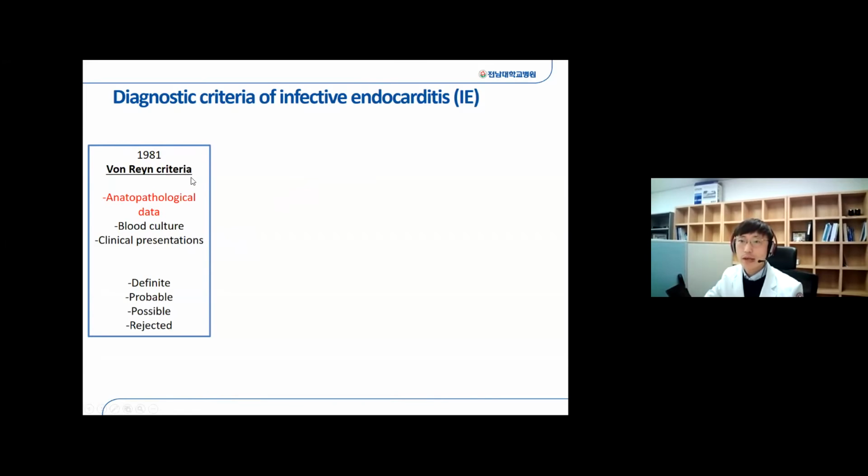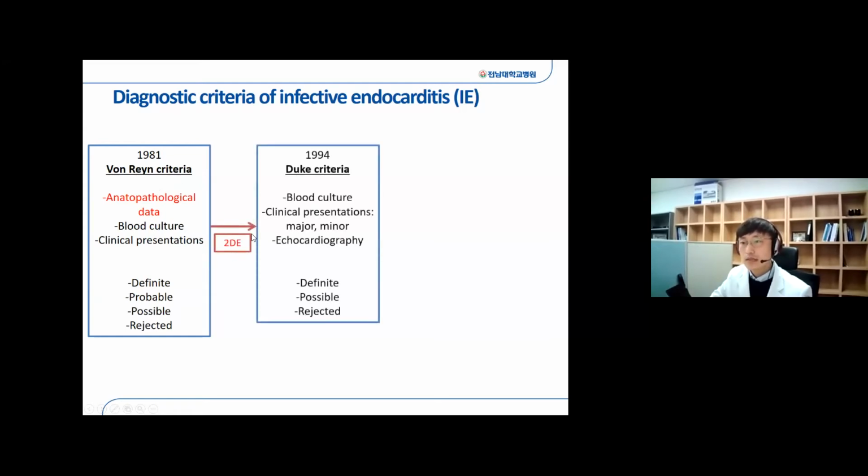In 1981, the von Reyn criteria needed anatomopathological data to diagnose infective endocarditis. The anatomopathological data means the pathological evaluation of the valve vegetation itself, or infective emboli, which can be observed in peripheral vessels. So it definitely needed biopsy of the infected material.